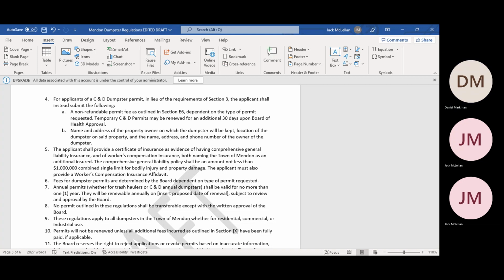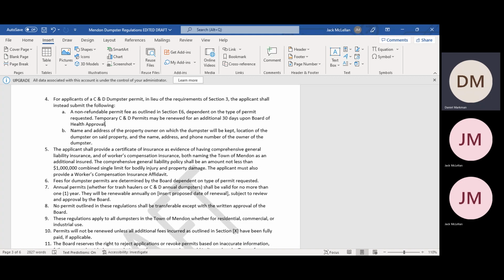So since you brought up Upton, I did just do a quick review of it. It is possible that Upton's model is less confusing. So let me try to explain it as quickly as I can. They distinguish between commercial and residential dumpsters. For a commercial dumpster, they charge a certain fee per year and they don't care how long it's there.